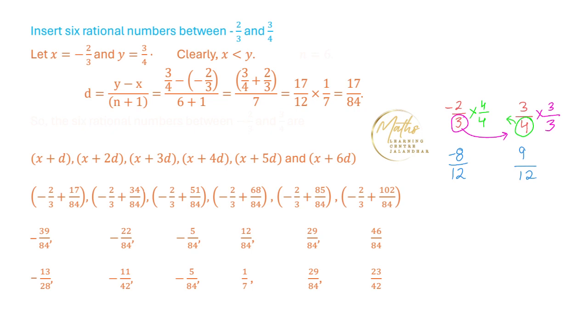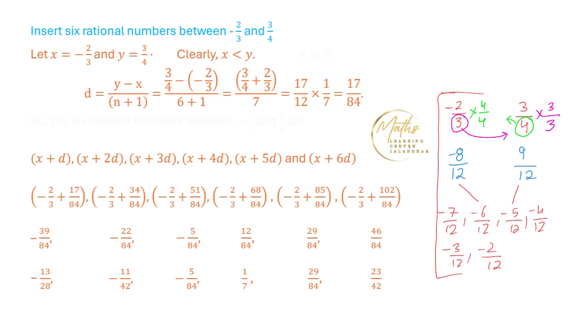Clearly both have the same denominator. So we can insert 6 numbers between these two by writing minus 7 by 12, minus 6 by 12, minus 5 by 12, minus 4 by 12, minus 3 by 12, minus 2 by 12. So you can also adopt this method to solve these kinds of problems.